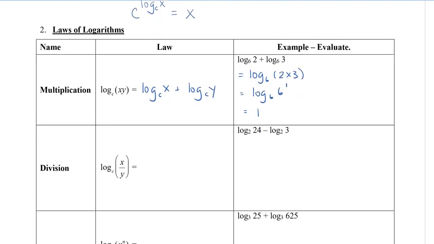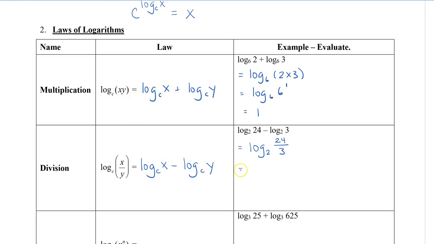All right, the next one is division. And when we divide powers, we subtract our exponents. So this will be log x with a base of c minus log y with a base of c. Using numbers, we would say that it's log base 2, 24, divided by 3. So actually, for both of these examples, I've gone from the right side of my law to the left side, and I want you to know how to change them back and forth.